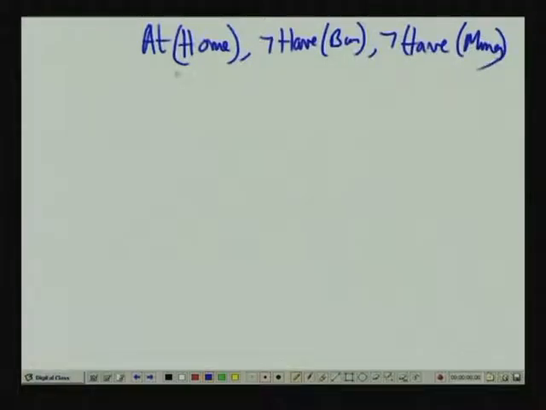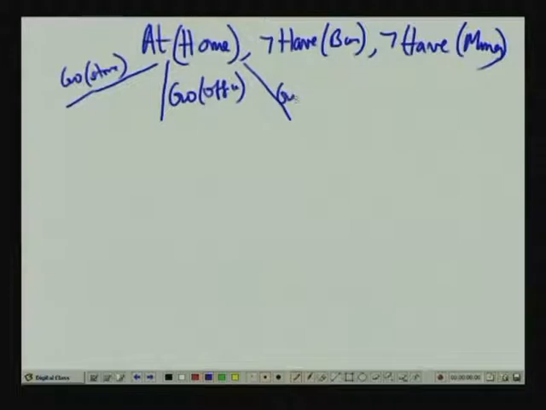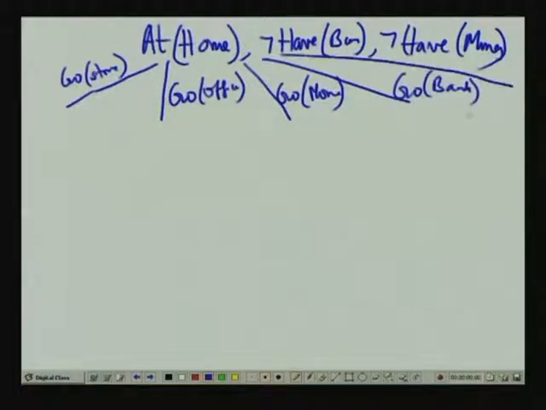The actions that I can execute are, let us say, go store, go office, go movie, go bank, cook dinner, and so on.